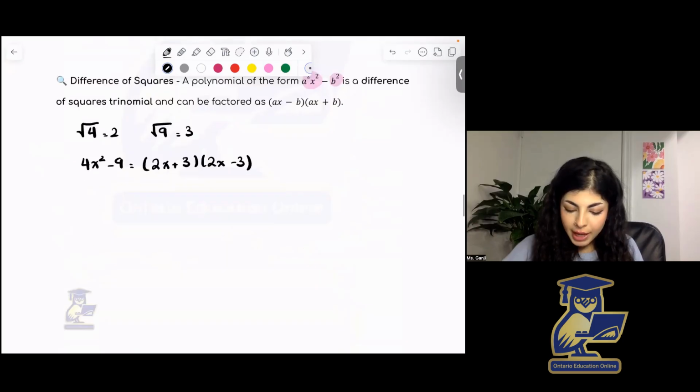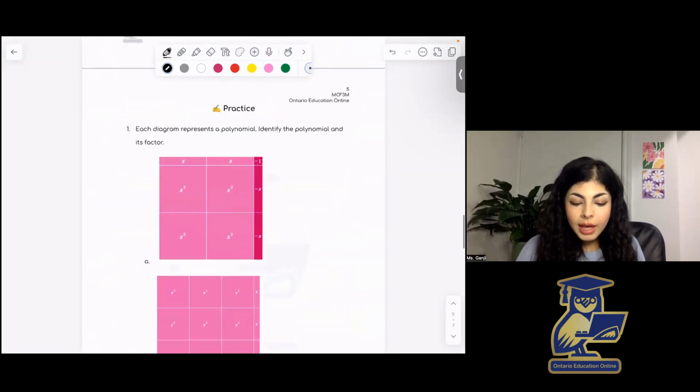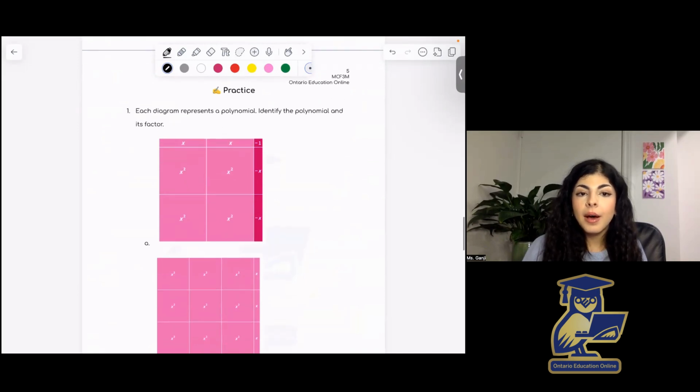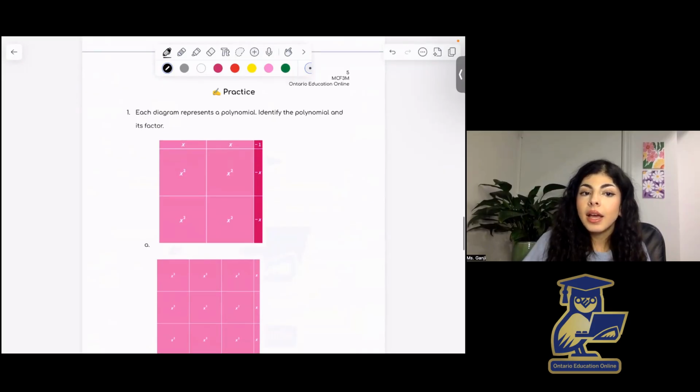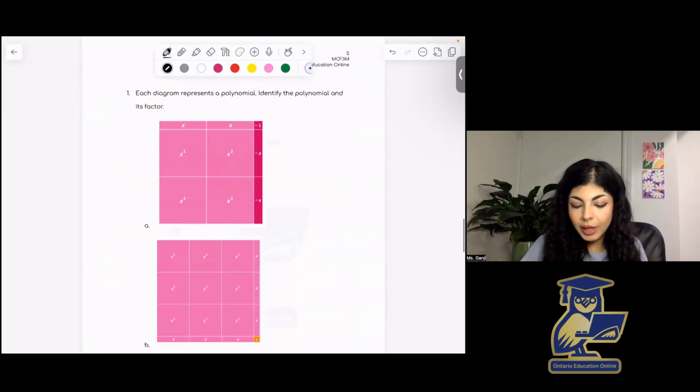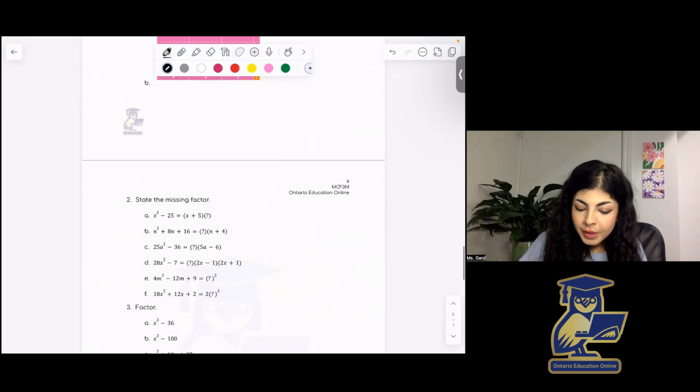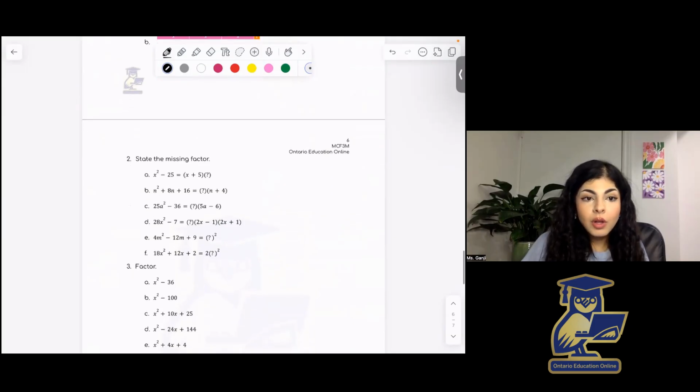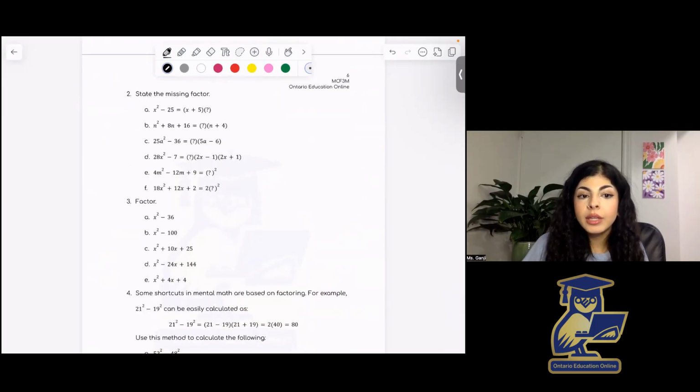So I'll go over the practice set with you. Here, I want you to try to identify the polynomial, which is the area, and its factors using the side length. So again, we're practicing those algebraic tiles. Now, on the second page, we have a lot of factoring with perfect squares and difference of squares.